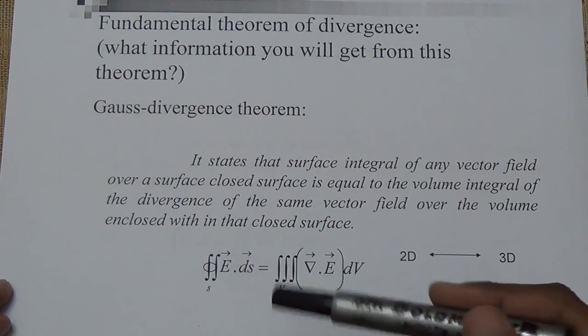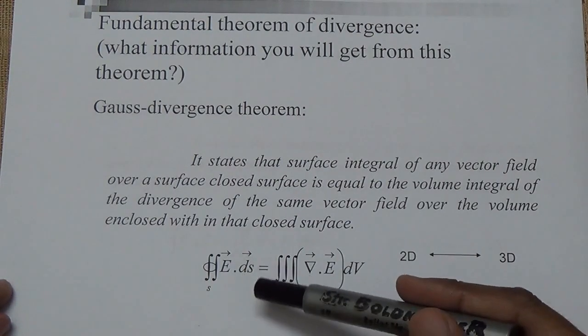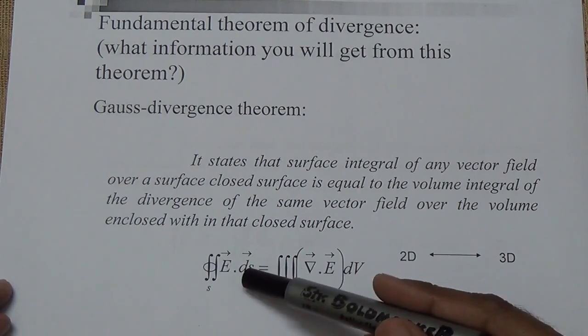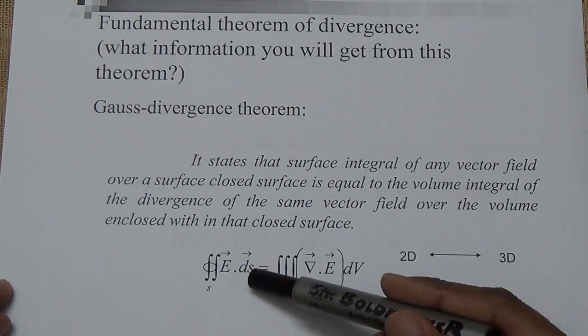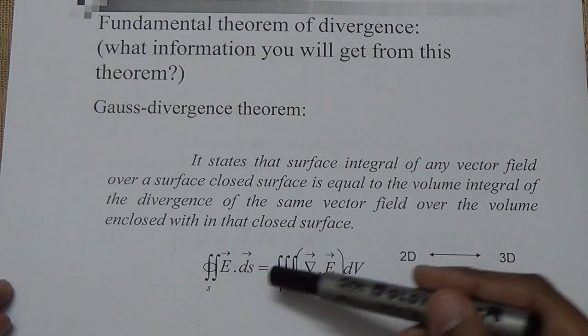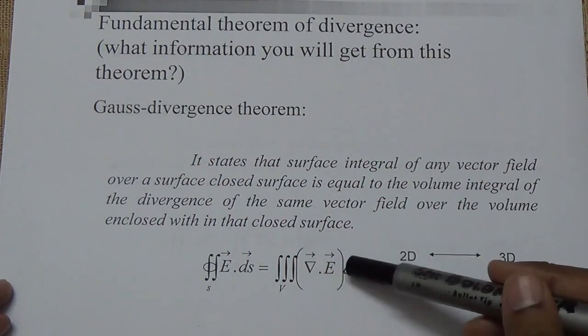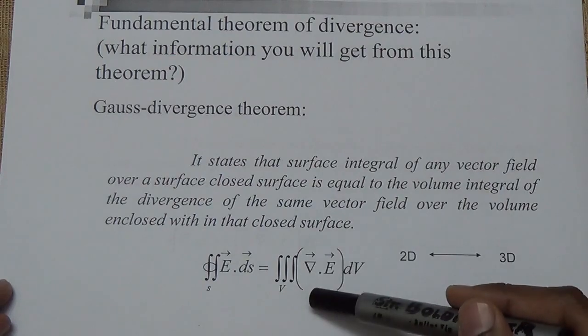Basically this is the electric flux that is coming out from the closed surface, as we have seen in the Gauss law. This electric flux coming out from the closed surface is equal to the volume integral of the divergence of the electric field within the volume enclosed by the closed surface.